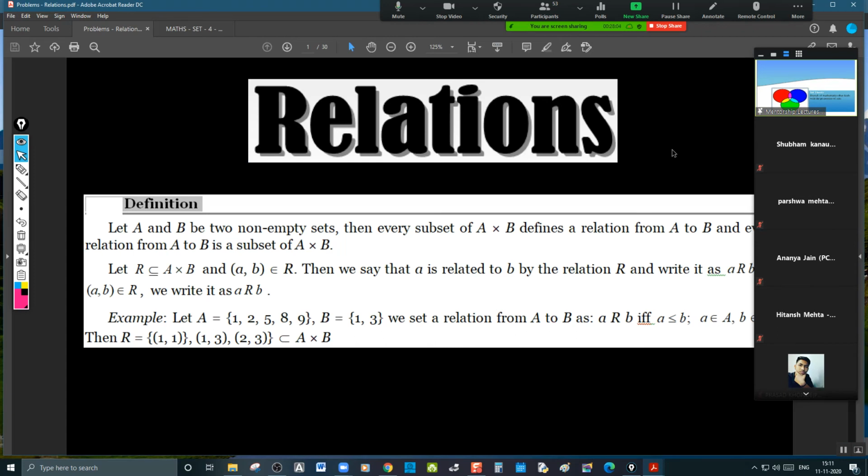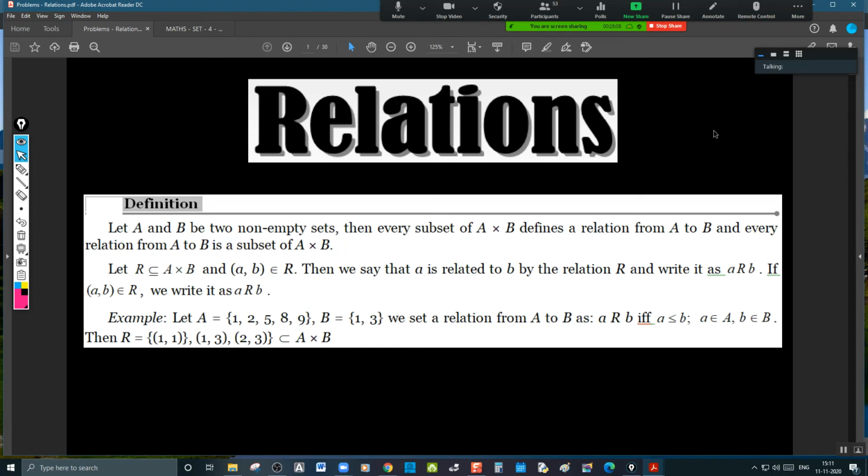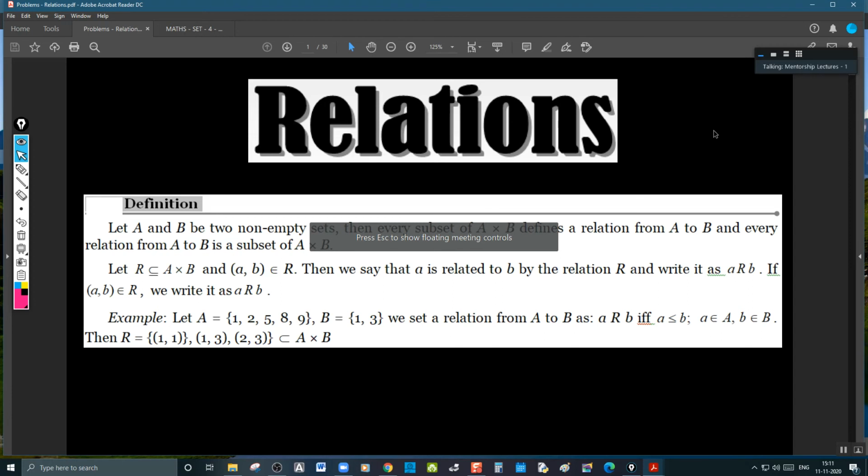Before getting into relations, first of all, you have to understand the Cartesian product.